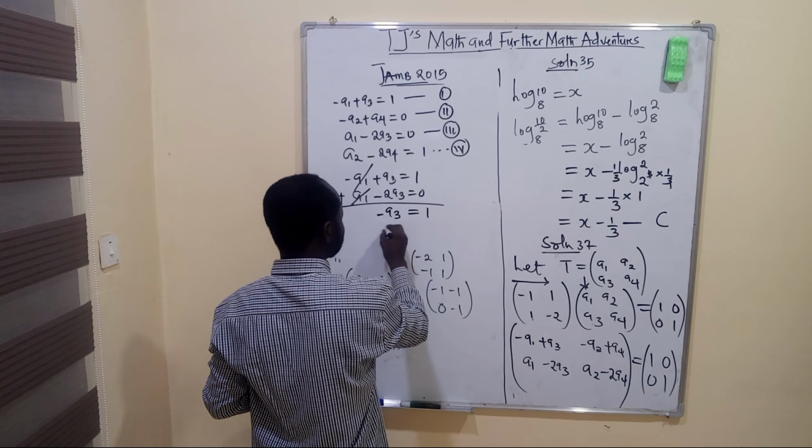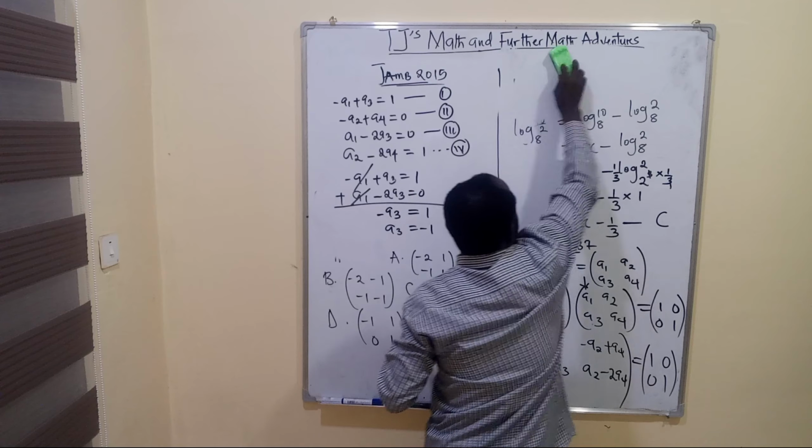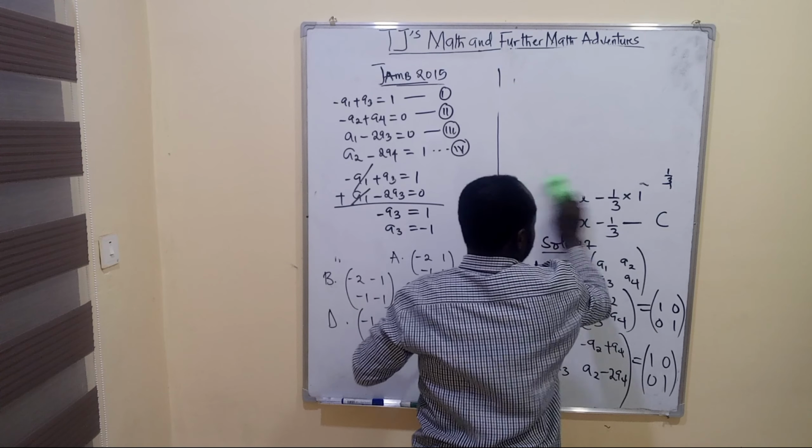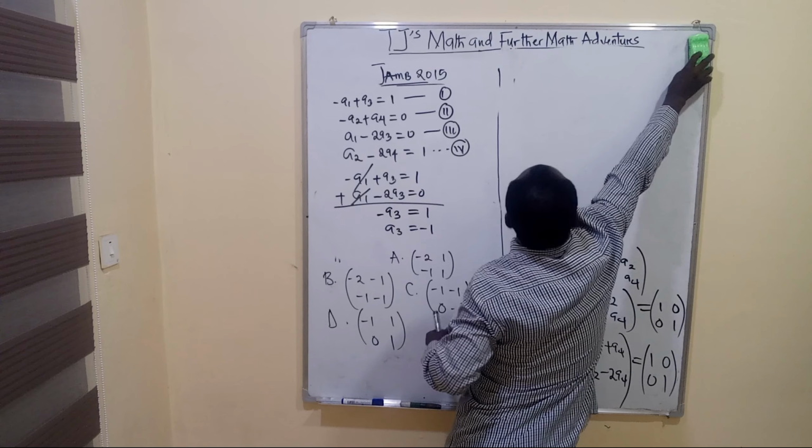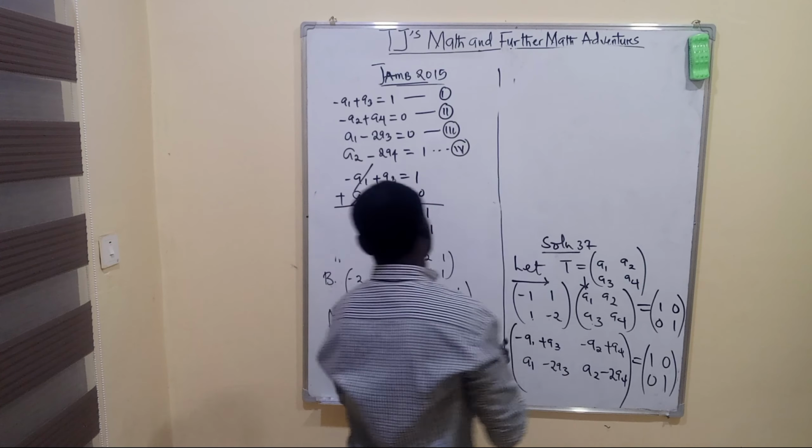So A3 now will be minus 1. So let's clean this side to solve for the remaining unknown. We can find A1 by putting A3 as minus 1 into equation 1. So this will be minus A1 minus 1 equals 1. Minus A1 now will be, when we move this 1, plus 2. So A1 now is minus 2.